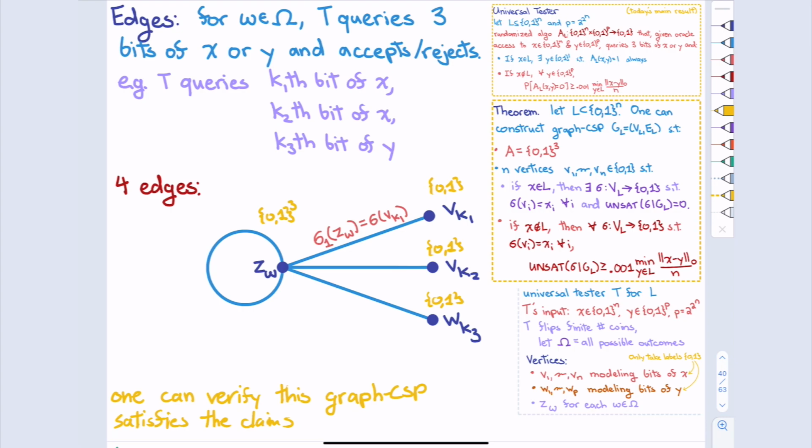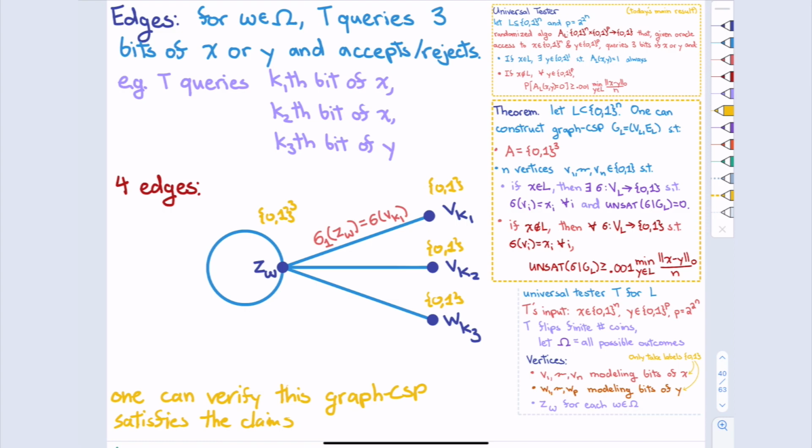The way we'll enforce the 1 bit is to say that if you actually gave it a number 2, 3, 4, 5, 6, or 7, it automatically fails any constraint it participates in. It's simpler just to pretend that it gets assigned 0 or 1 for discussion. So the 3 bits of z omega's label, you can think of them as 1 for each of those queries, conceptually. The first constraint is going to say that the first bit of z omega should match the bit for v_k1.